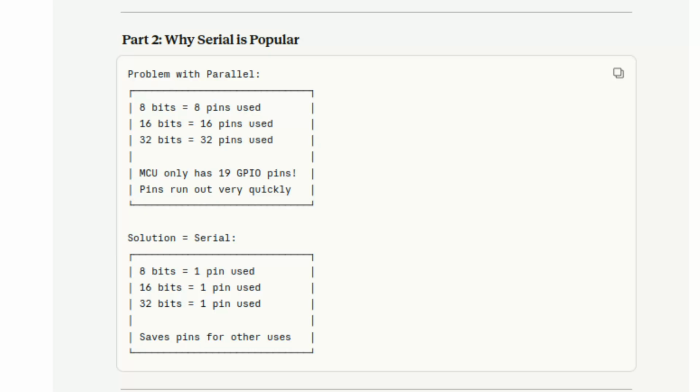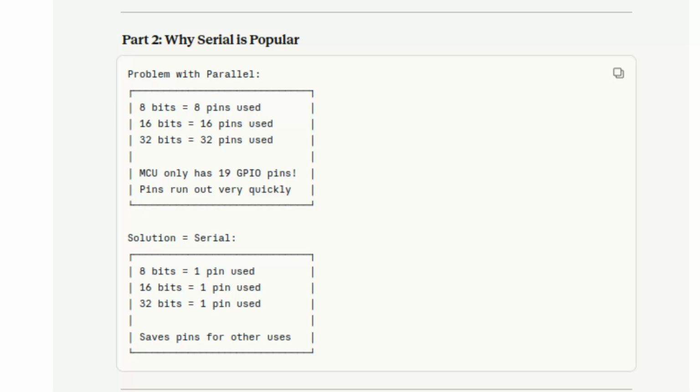That is the next thing that you have to understand. The problem with parallel is how many bits you have to transfer. The MCU has only 19 GPIO pins, we know that. So for 8 bits, or 16 bits, 32 bits and all, you need 8 pins, 16 pins, 32 pins. So that is a problem. Pins can run out very quickly there.